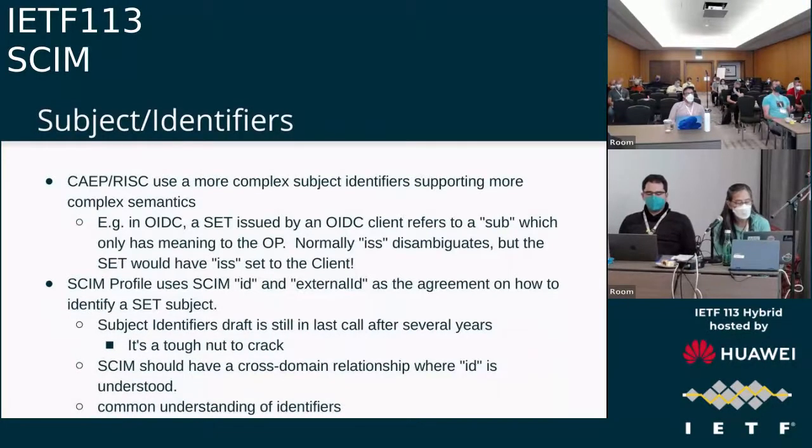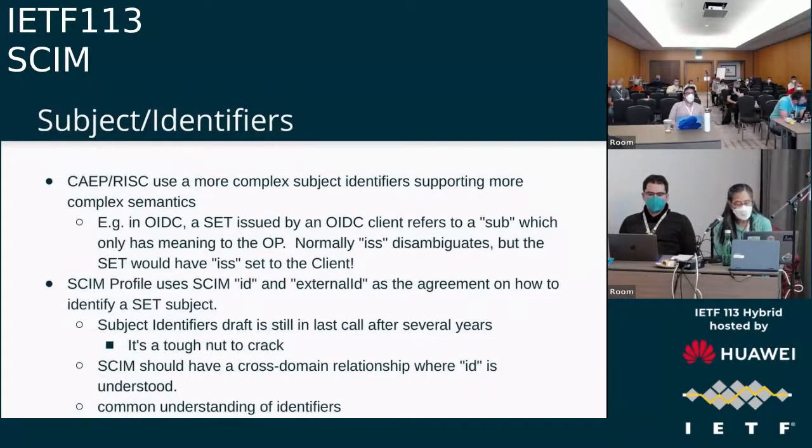Okay, subject identifiers. Before I show you what an event looks like, I'd like to talk about the SEC event subject identifiers draft. That's the draft that the SSE work uses, by the way. This draft defines many different types of identifiers that can be specified, like email, IP address, telephone, etc. This draft was spawned out of the OIDC world because of the way ID tokens were used.